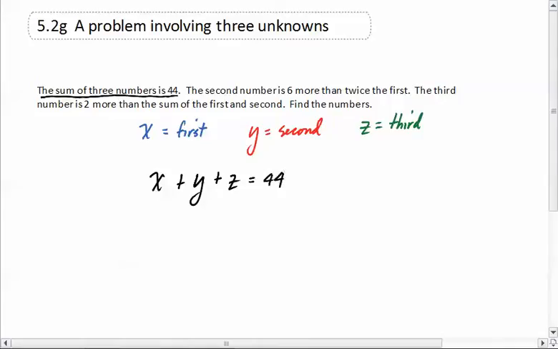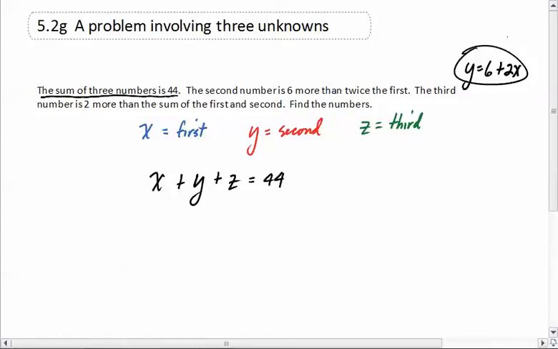Now, the second number is, so I'm going to come over here and do this. Y is 6 more than twice the first. Now, I don't want to write this like that. I want to make sure the variables are all on the left side and any of the constants are on the right.